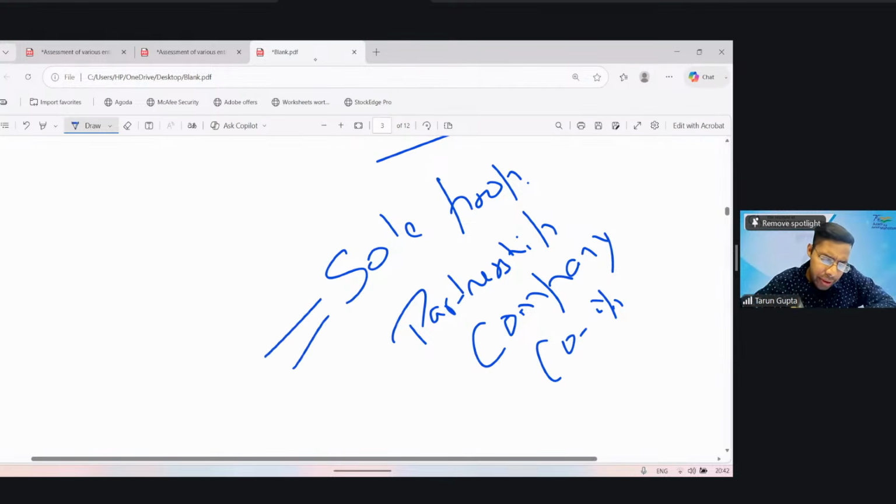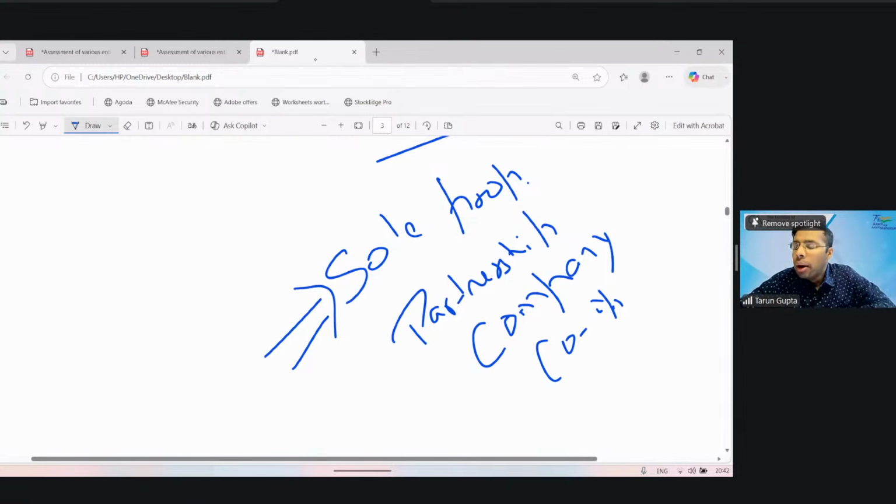So for sole proprietor, one, the tax rate applicable is that of the individual, the new and old regime. Second, the salary or the interest paid to the sole proprietor for his efforts or the investment is not allowed as deduction.